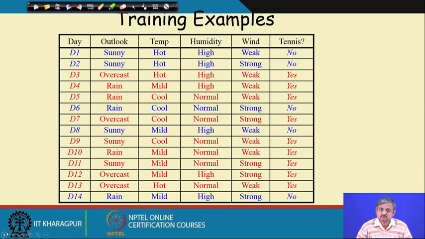So, I want to write some kind of function or rule which will take these 4 attribute values and return a value of the tennis attribute, the class level. That would be my classification rule or classification law or function.